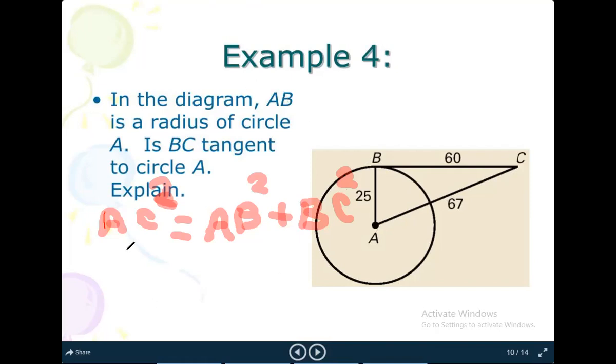Now, where is AC? AC was how many? 67. Then please calculate 67 to the power of 2.